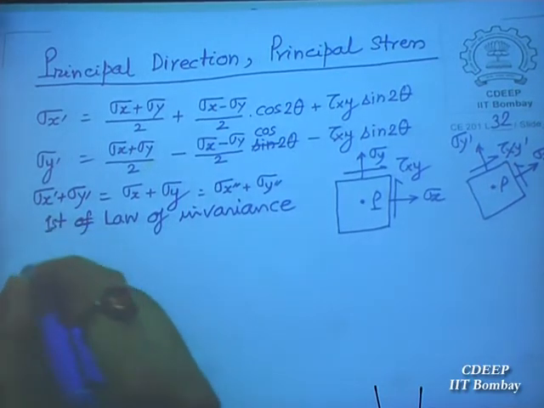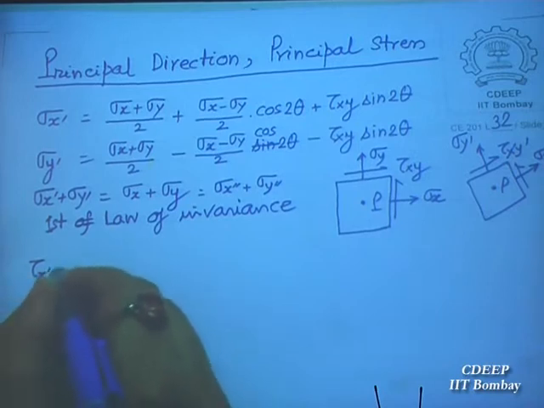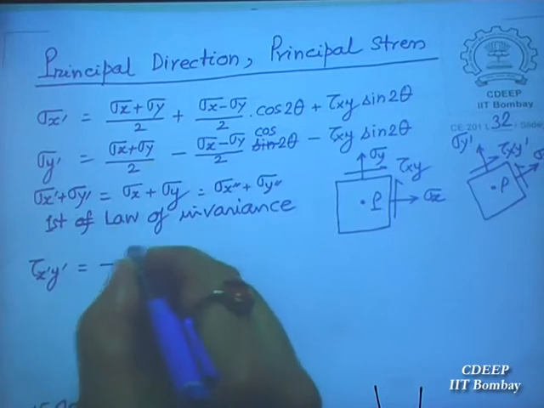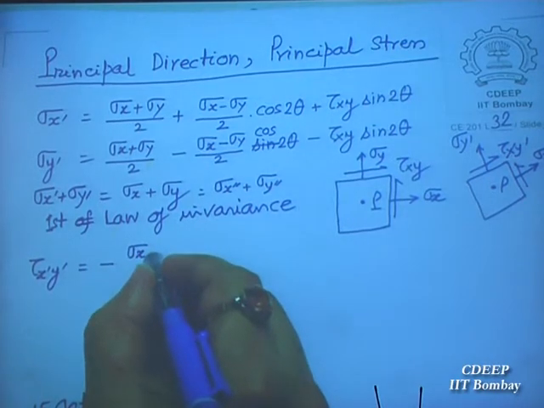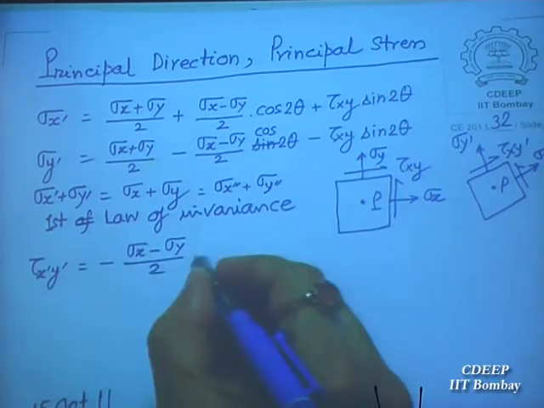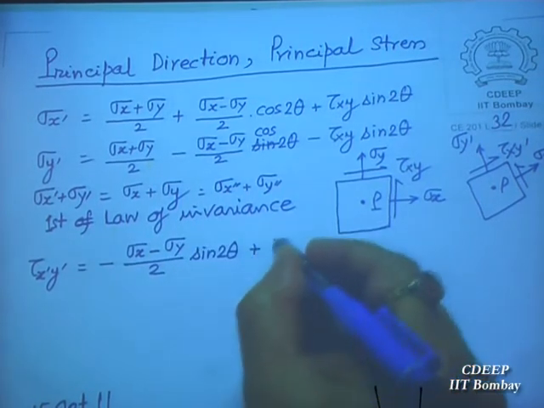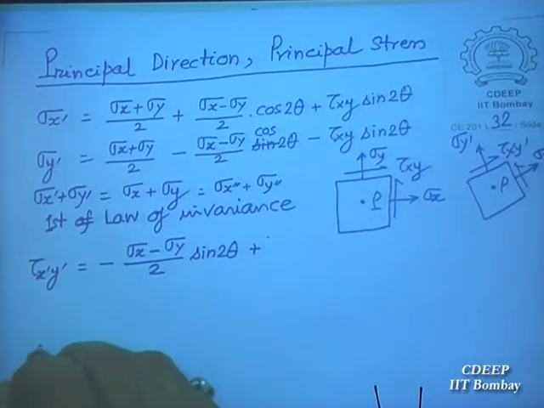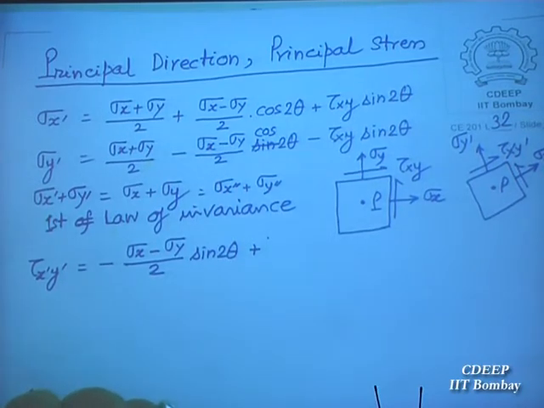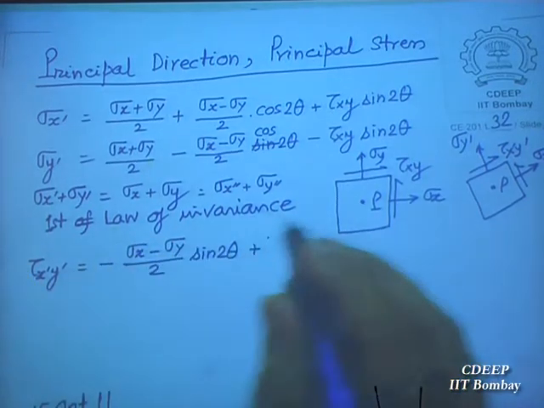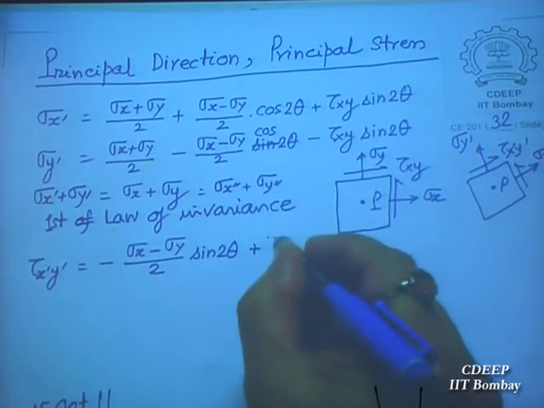Then we also got tau x dash y dash, and that was equal to minus this. Is this plus? No, one is negative. Tau x dash y dash, who will prove? I don't want to go through the derivation.